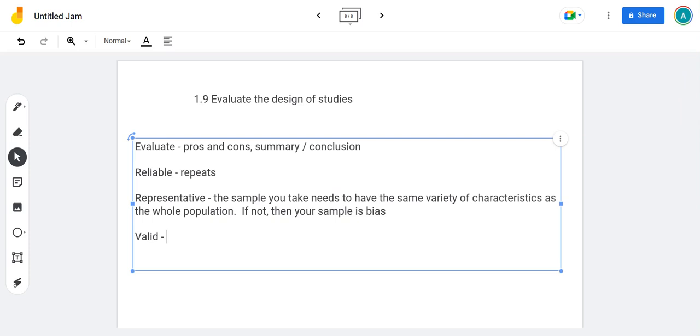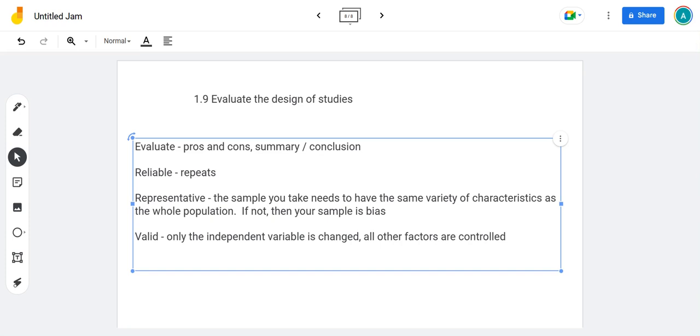Everything else needs to be the same: the same concentration of enzyme, the same concentration of substrate, and all the other factors, the pH, to be the same. So making something valid means that the one independent variable we're changing, the one thing our question is about, must be the only thing that's changing. Valid means that only the independent variable is changed, and all other factors are controlled.